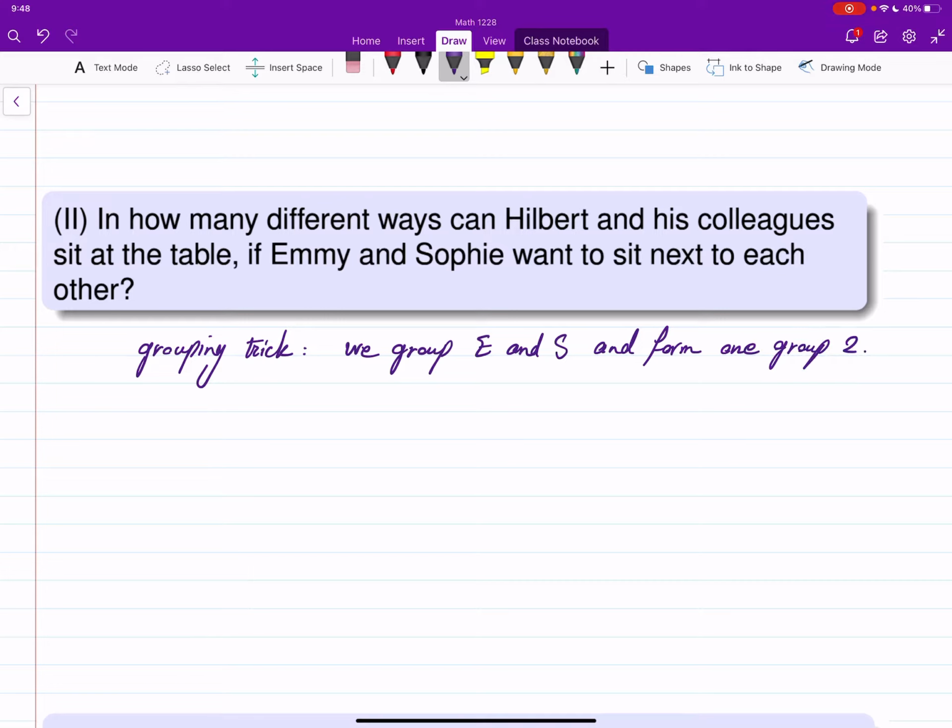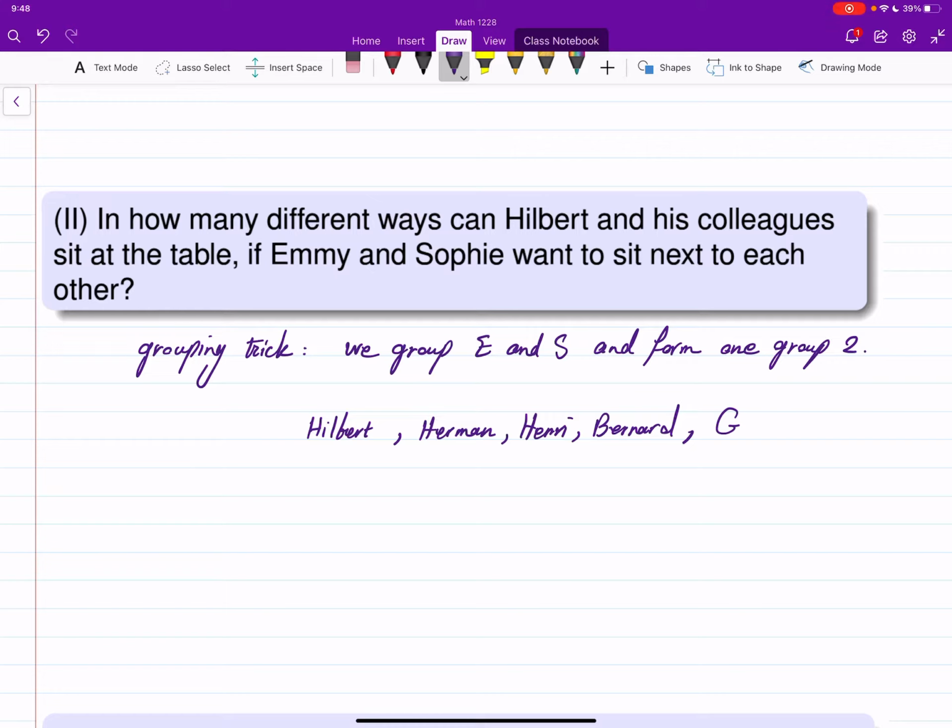So this way now we have Hilbert, Herman, Henry, and Bernard, and the group of E and S together.